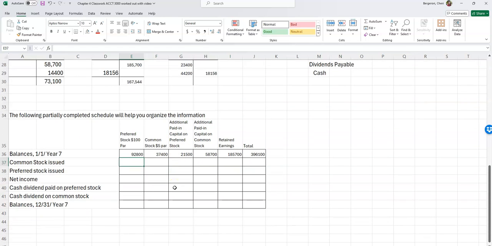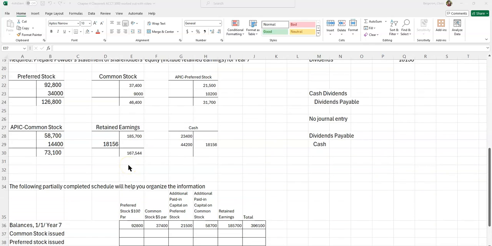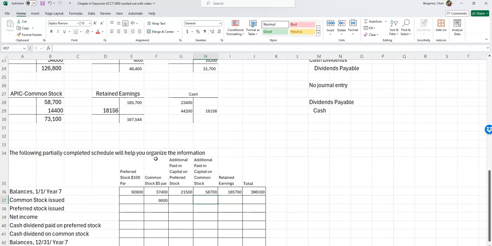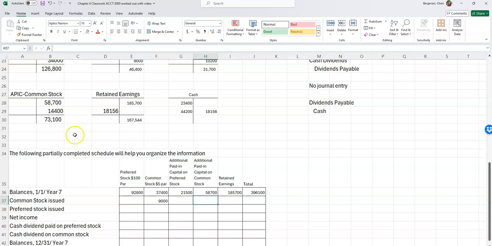All right, so when we issued our common stock, we put 9,000 at par value. And then we put the rest at paid in capital in excess of par. So I found 14,400 right there.